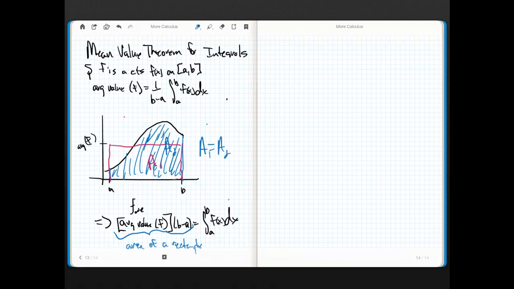This may not seem too earth-shattering, but it says no matter how goofy my function looks, as long as it's continuous on a closed interval, there is a rectangle whose area is exactly equal to the value of the integral. It's a cool ramification, and it pops up from time to time.